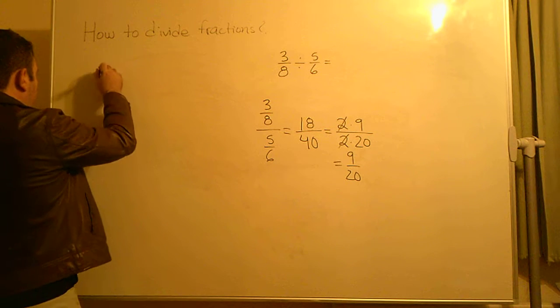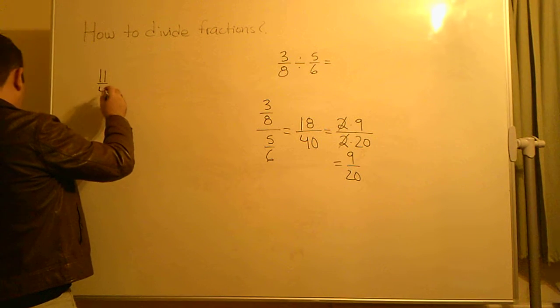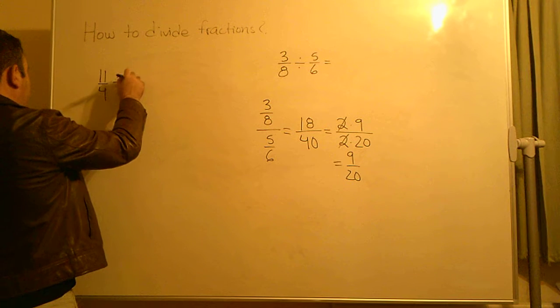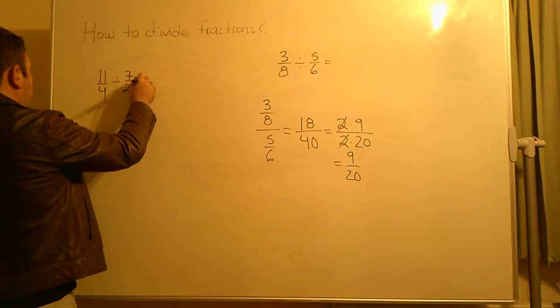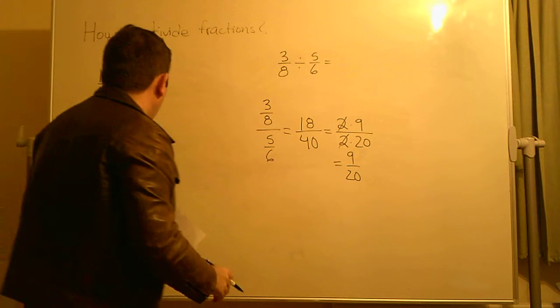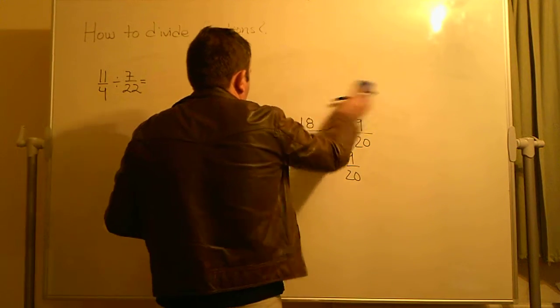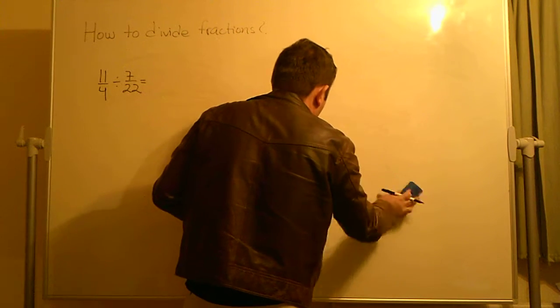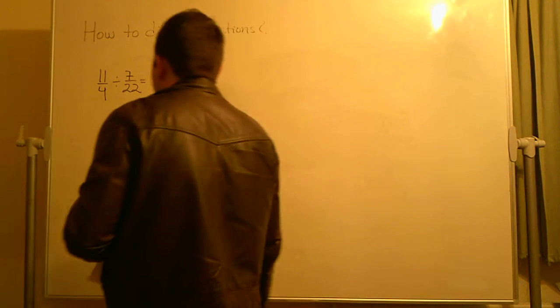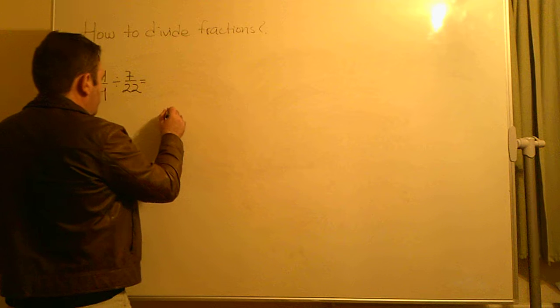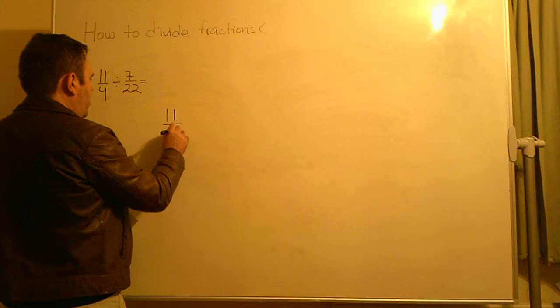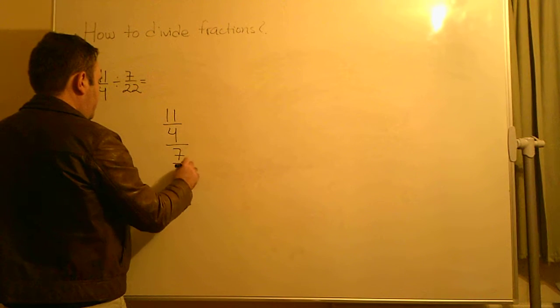Another example, 11/4 divided by 7/22. Yeah. So we write down 11/4 divided by 7/22.